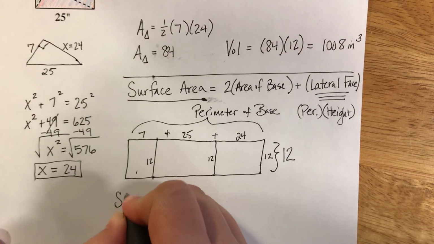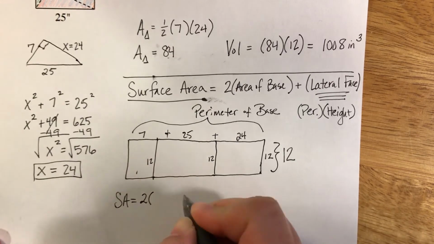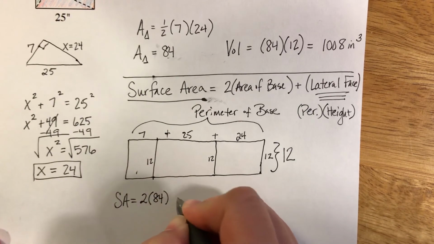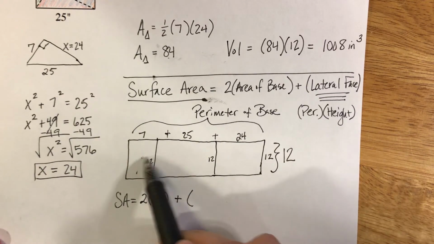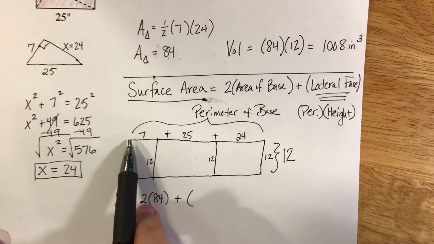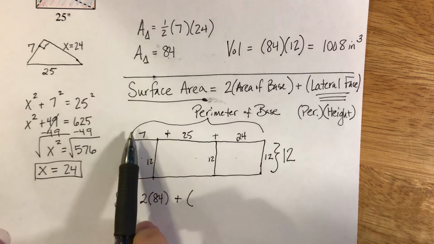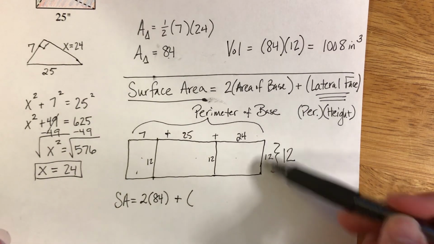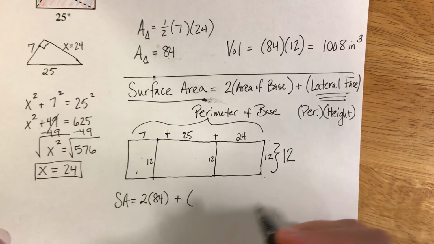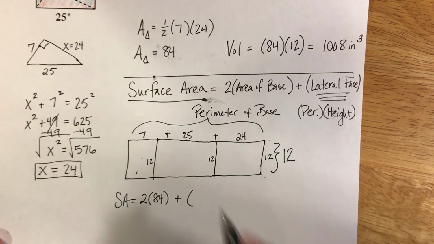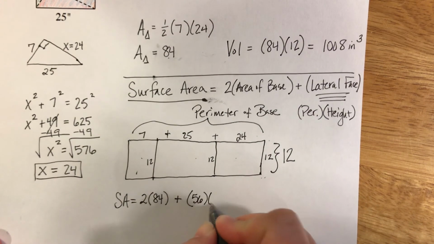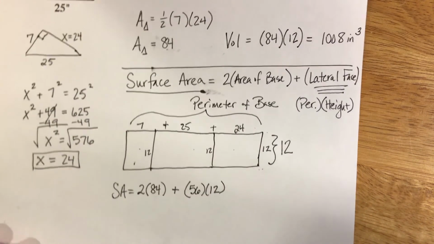So my surface area is going to be 2 times 84 plus these lateral faces, if I add them all together, or if I think of it as one big rectangle where the length is the perimeter and the width is the height, I would have 7 plus 25 plus 24, which is 56. So this would be 56 times 12.